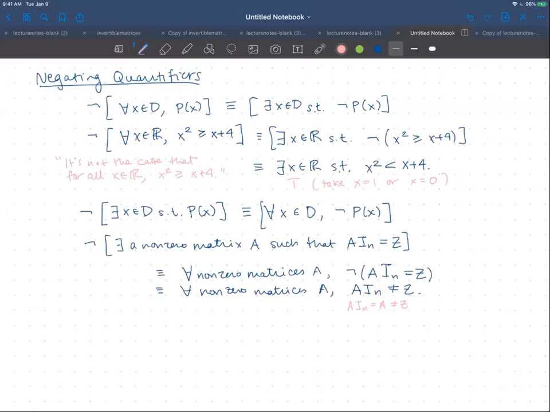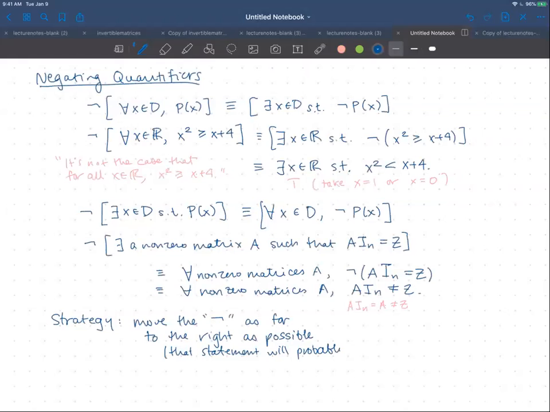And a strategy for working with negations is move the not as far to the left as possible, or to the right, sorry, I don't know my right from my left, as far to the right as possible. Because that statement is often the easiest statement to work with. That statement will probably be the most straightforward.